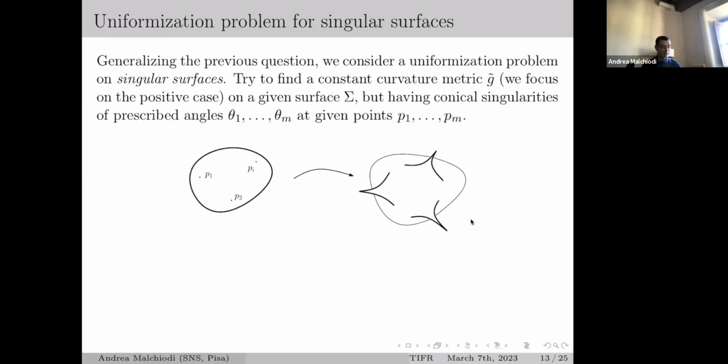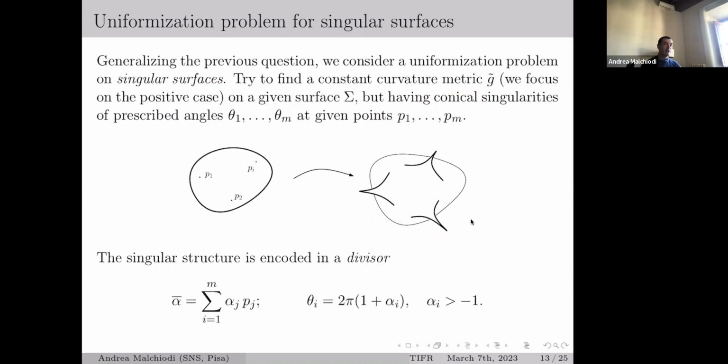So you start from a smooth surface, you fix some reference points, and then you want to deform it so that the new surface becomes like this, with finitely many conical points, and you want at the same time to have constant Gaussian curvature in the smooth part.